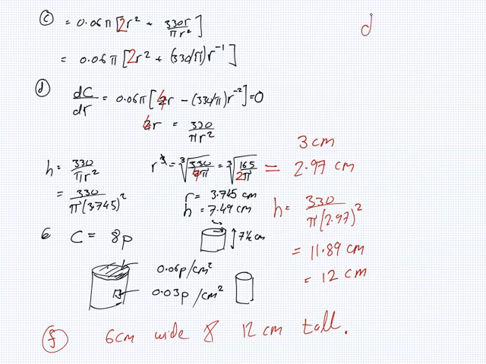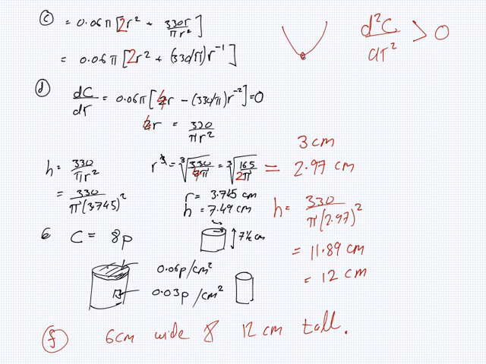Well, we can know it's a minimum if we simply check the second derivative. Oh, whoops, I said that wrong. If the second derivative is positive, then it's convex.